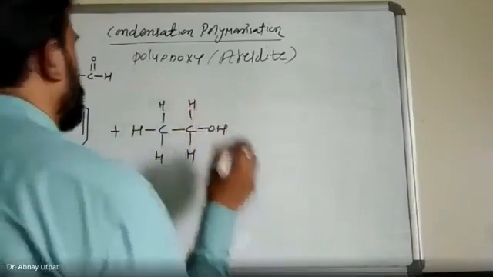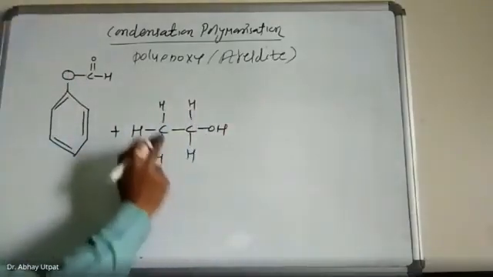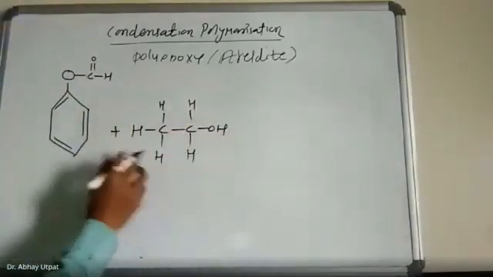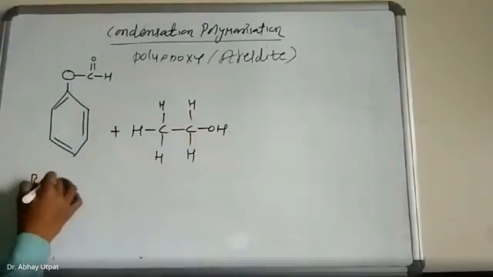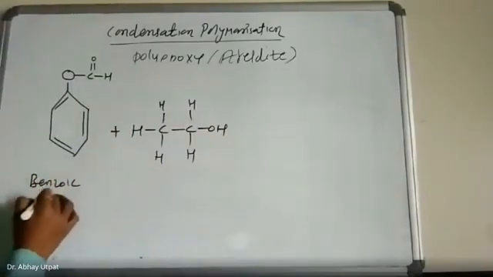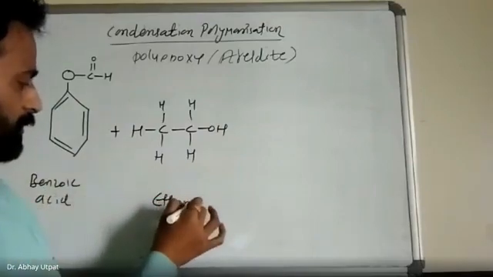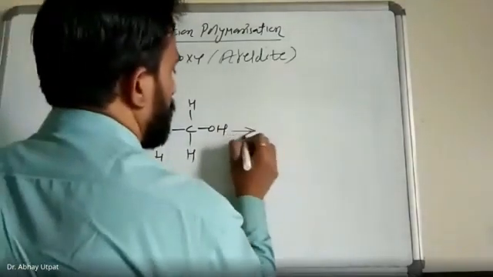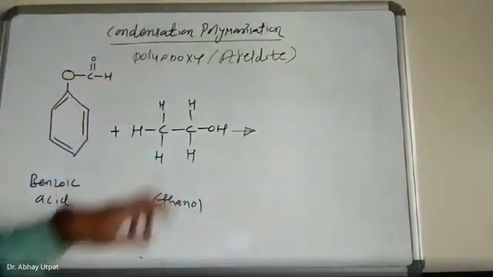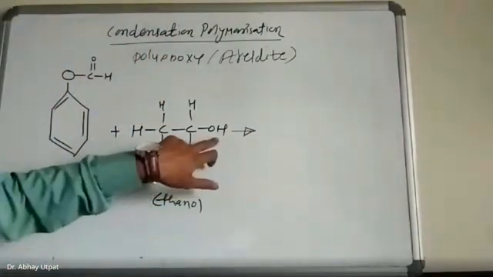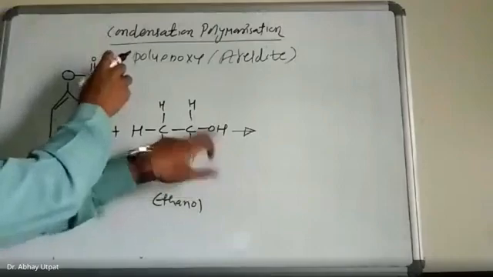So this is ethanol, this is benzoic acid. So one OH from here and one H from here react, and this gets joined there.